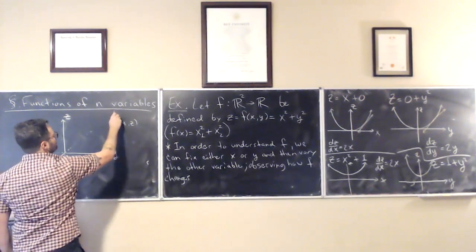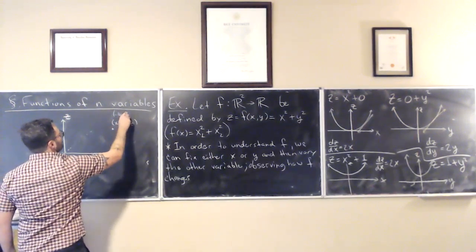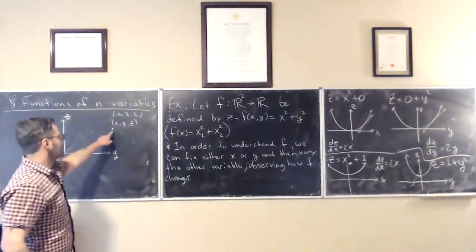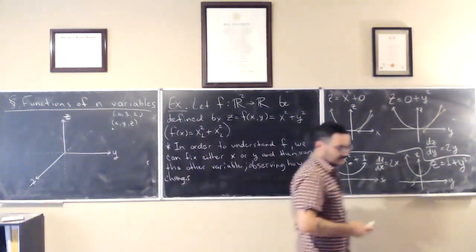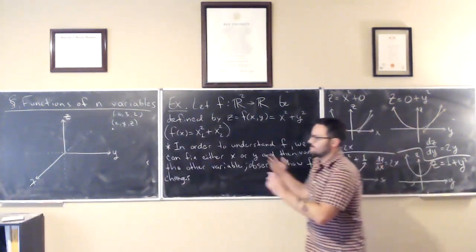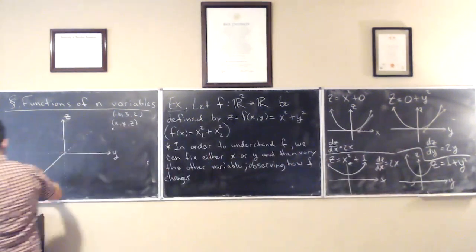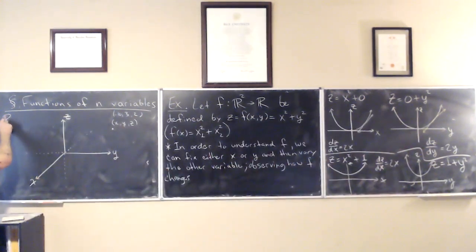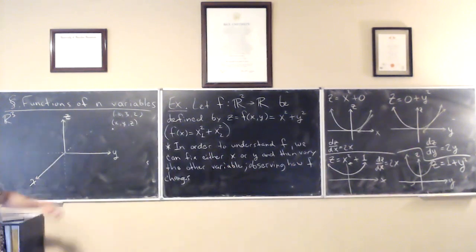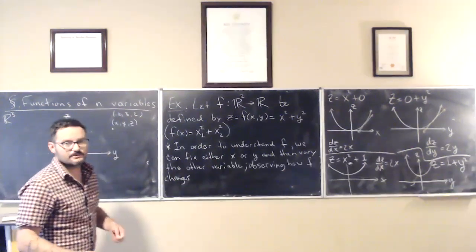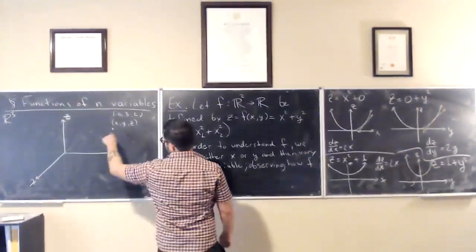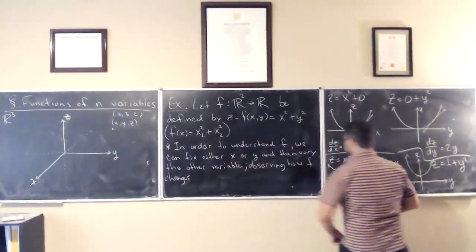So it could be like negative 10, 3, 2, and that's a point in space. Okay, so this is a three-dimensional plane. This space is altogether R3 though, which means that each point in here represents a vector. So like that's a vector, so forth and so on.